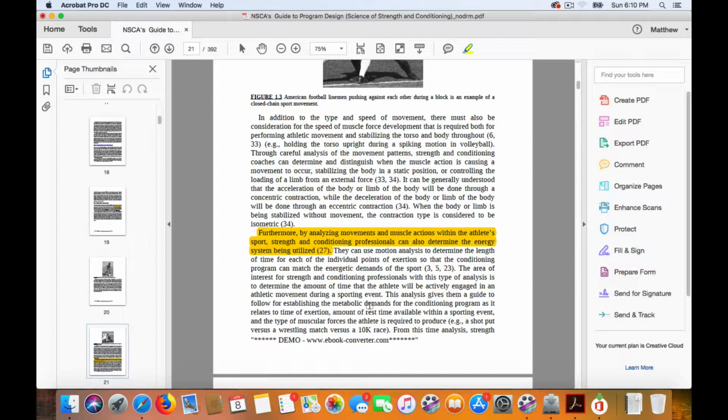So where the data in the previous tables demonstrated a specific energy system, if you look at the sport and the specific joint structure, it may be a little bit different. So it's a good amount of using common sense to identify what you want to be accomplished in each one.